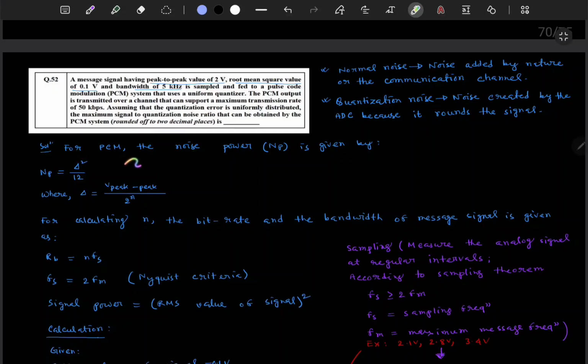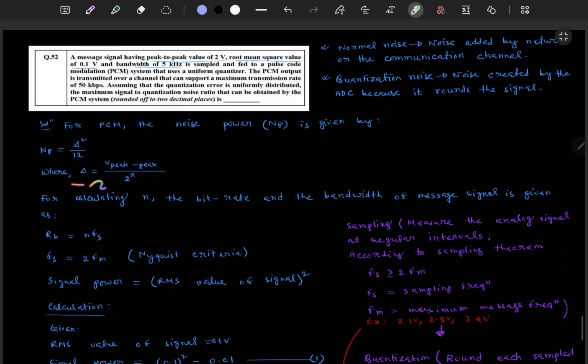For PCM, pulse code modulation, the noise power is given by the formula delta squared by 12. What is delta here? It is the peak to peak voltage divided by 2 to the power n. For calculating n, we use the bit rate and the bandwidth of the message signal.